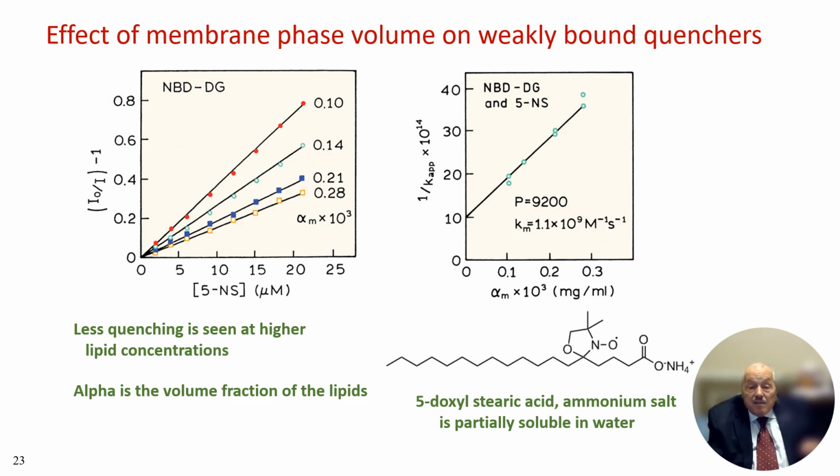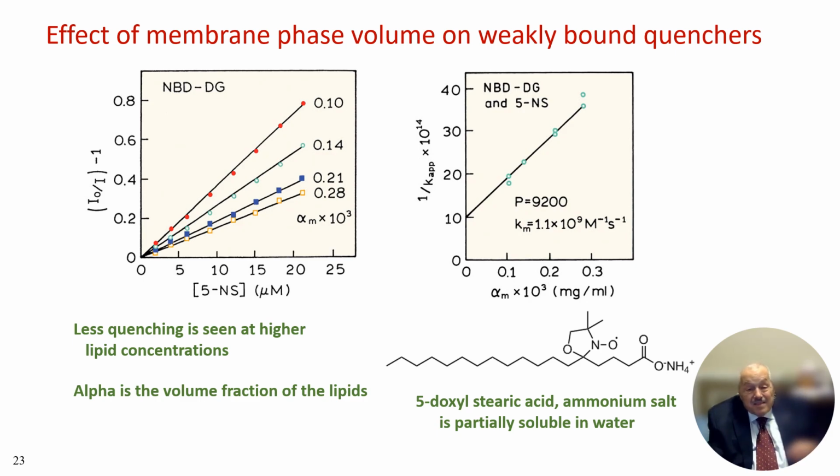But if we dilute the lipid concentration, we see more and more quenching. And that's because the volume fraction in the sample becomes lower, and hence the concentration of the partially soluble quencher increases in the membrane.